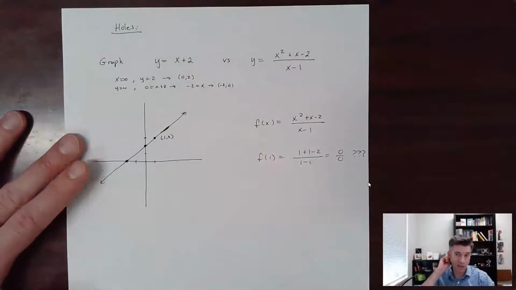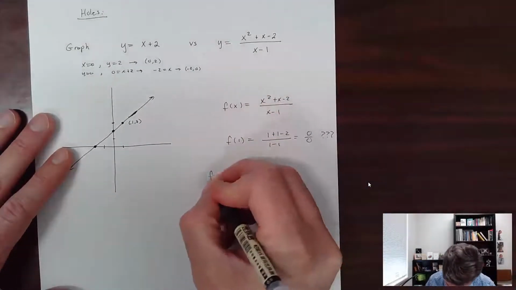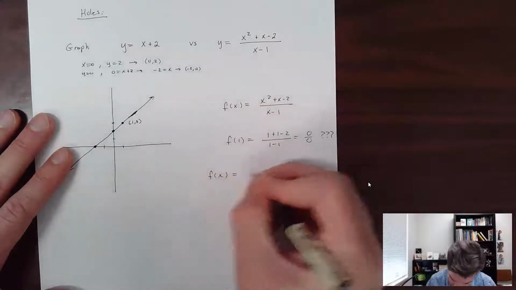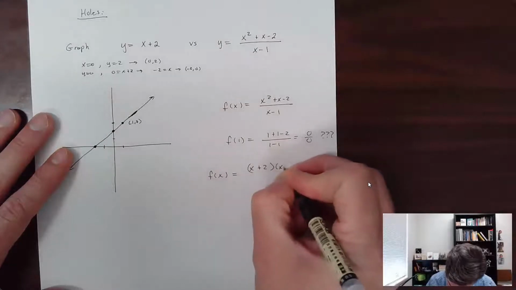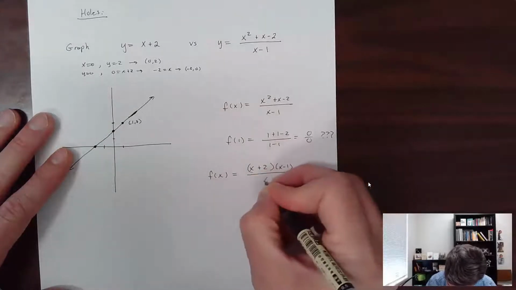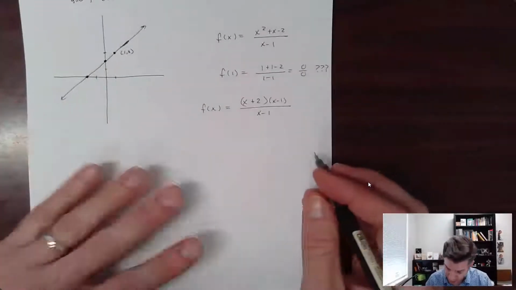Here's what else I want you to see. This thing simplifies, right? I can rewrite x squared plus x minus 2, that factors as x plus 2 times x minus 1, over x minus 1. I'm not going to cancel those just yet because there's something I want you all to see. So we can make a table.